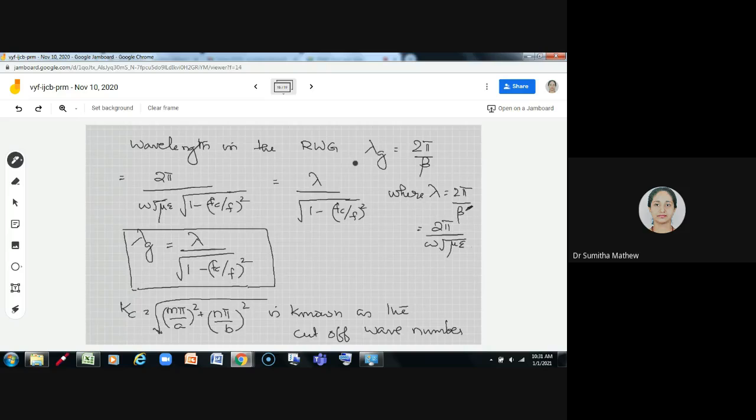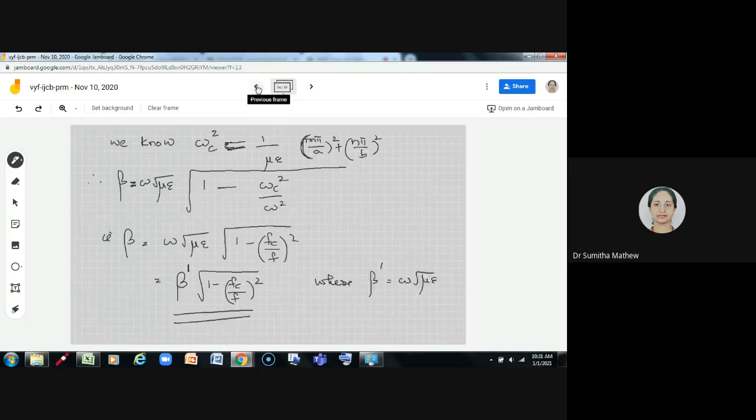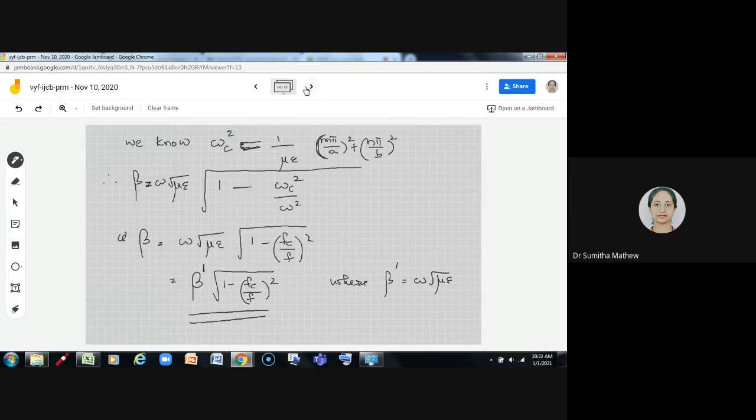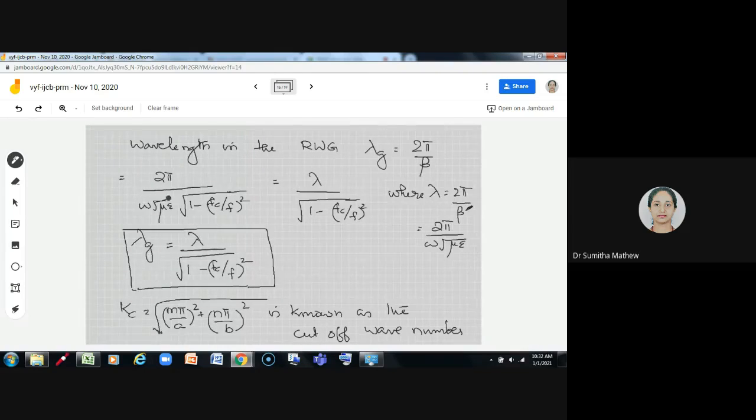And wavelength, you know the definition for wavelength in the guide as 2 pi by beta. According to the definition, wavelength is 2 pi divided by the phase constant. So that becomes 2 pi by beta. What is beta? Beta we got just now. Substitute this expression: 2 pi by omega root mu epsilon into root of 1 minus (fc by f) whole square.